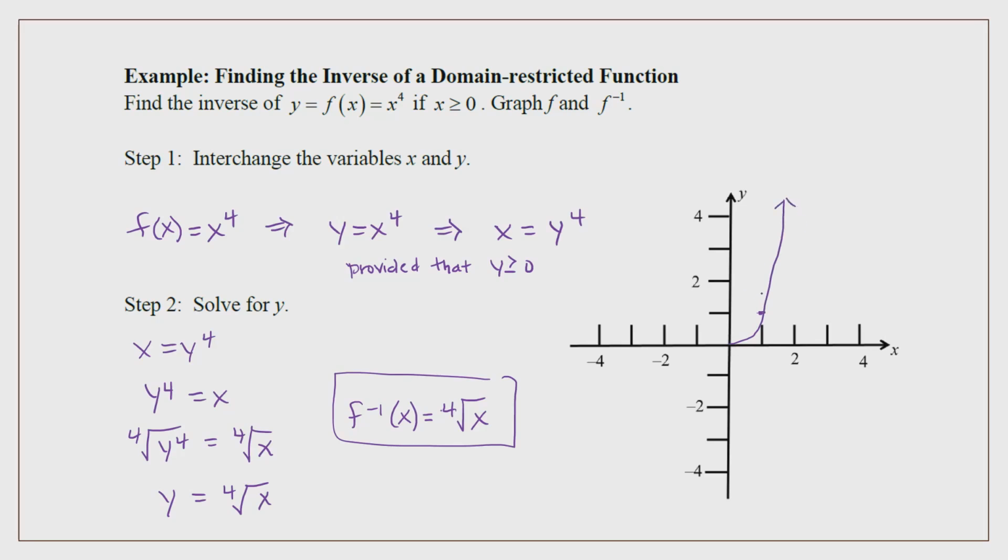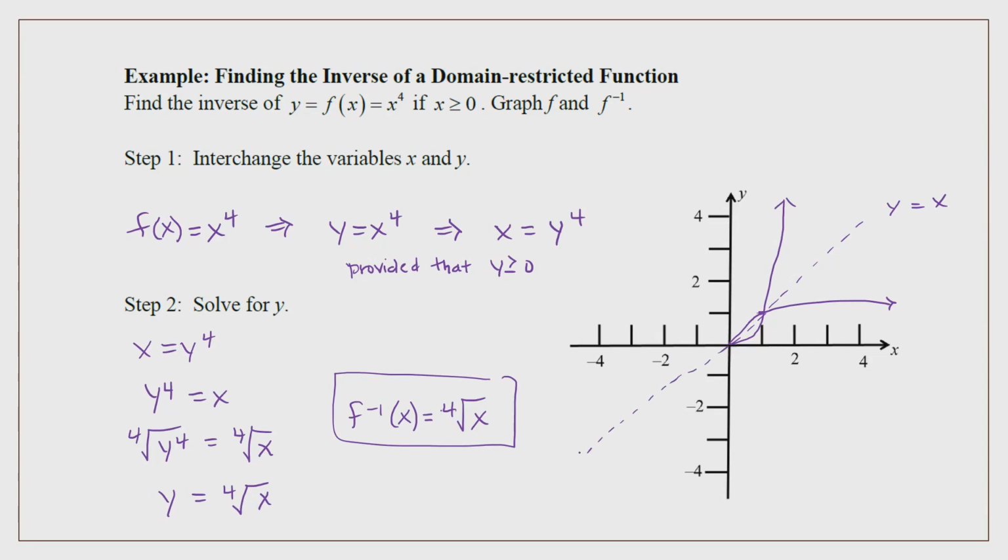Okay. So if I'm now graphing the fourth root of x, where my y was greater than or equal to 0, it's going to look something like this. Note that it is reflective over the line y equals x.